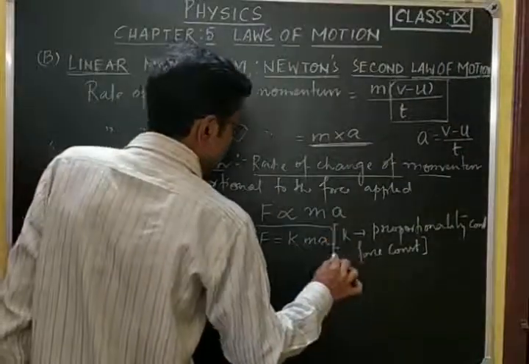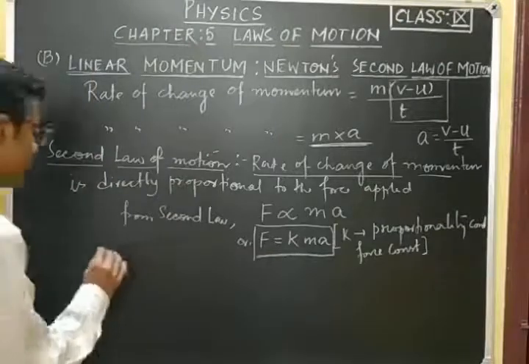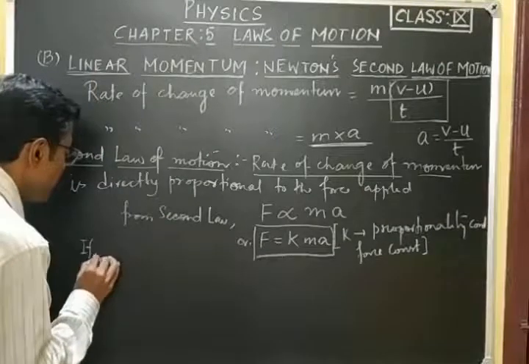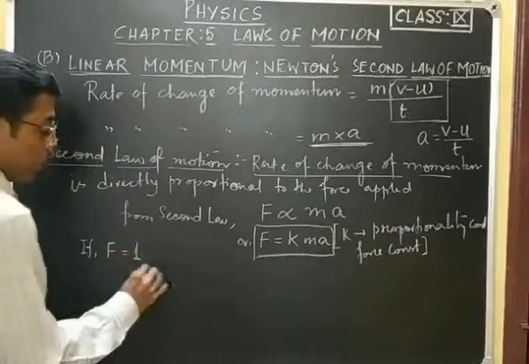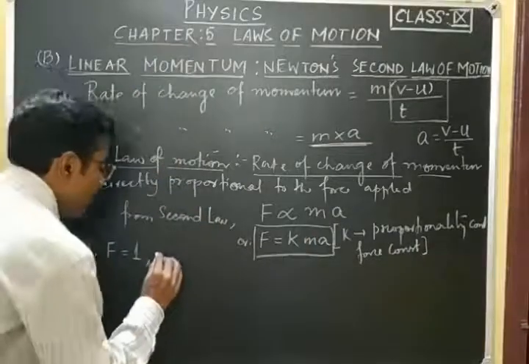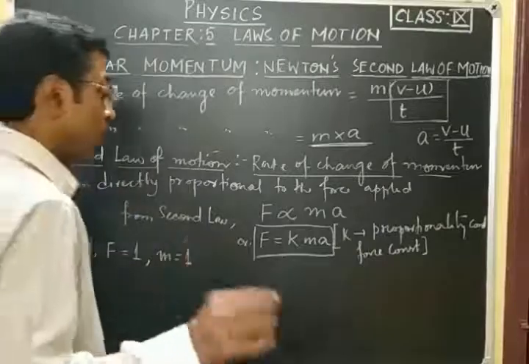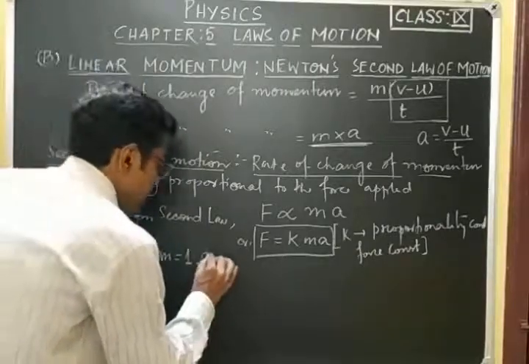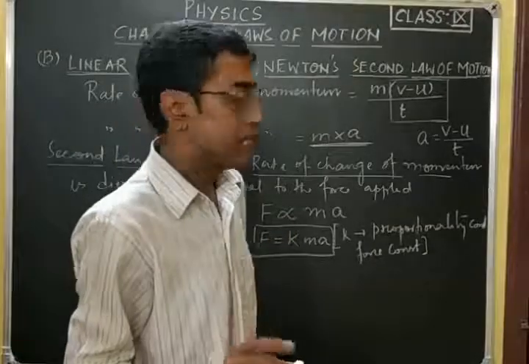How will I come to the definition of force? Just look here. Now if the force applied I am taking is 1, it might be 1 Newton, 1 dyne, whatever. Mass equals 1, that might be 1 kg, 1 gram, and acceleration is also 1 meter per second square, or 1 centimeter per second square.